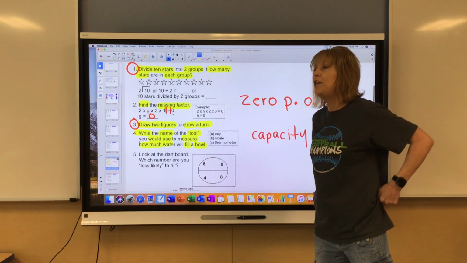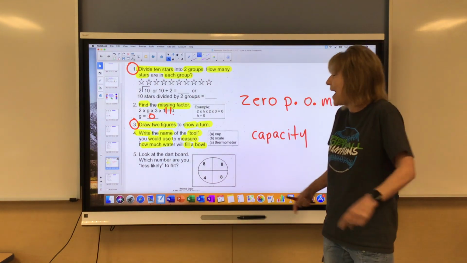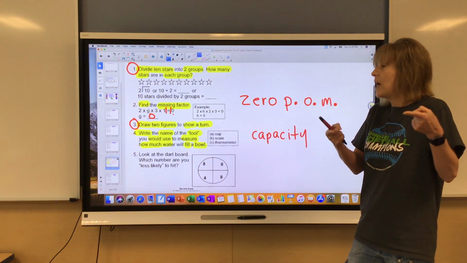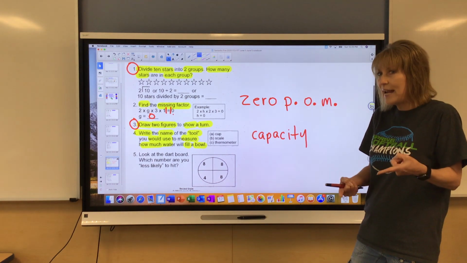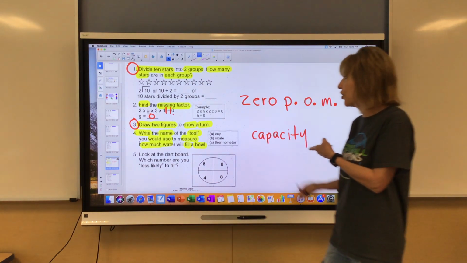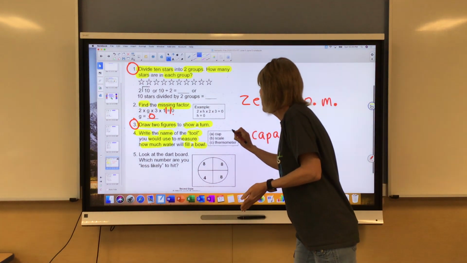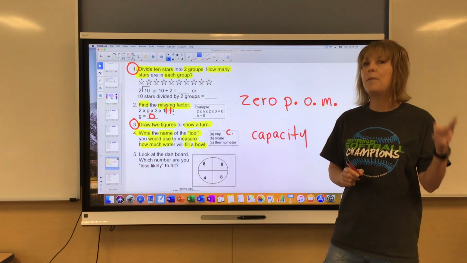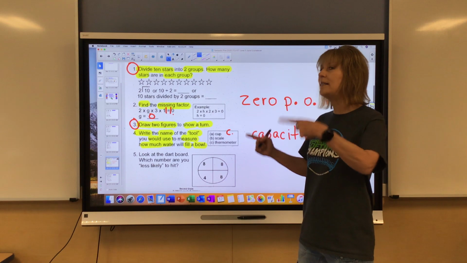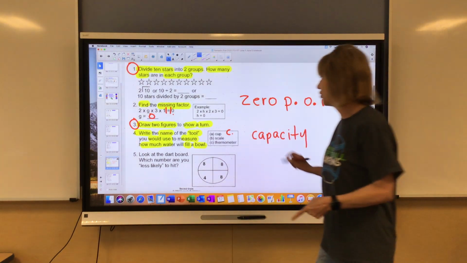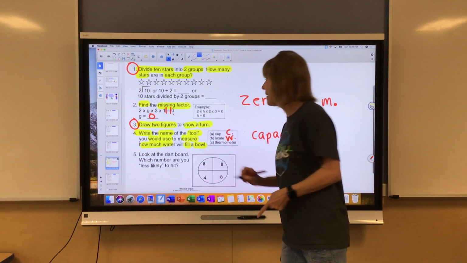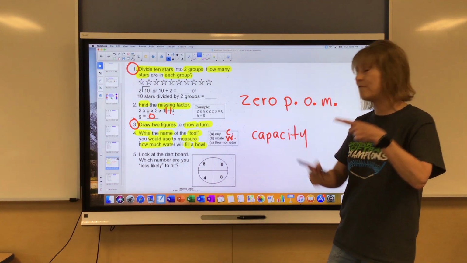Now, would we use to measure capacity, would we use a cup, a scale, or a thermometer? First, what does a cup measure? Yes, it measures capacity. What does a scale measure? Yes, it measures weight, how heavy.